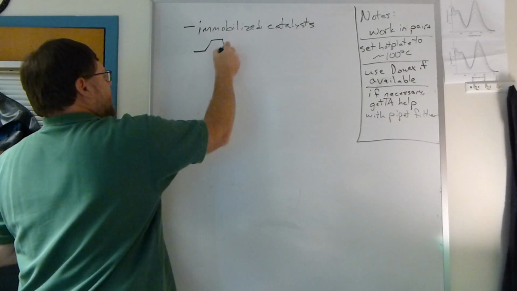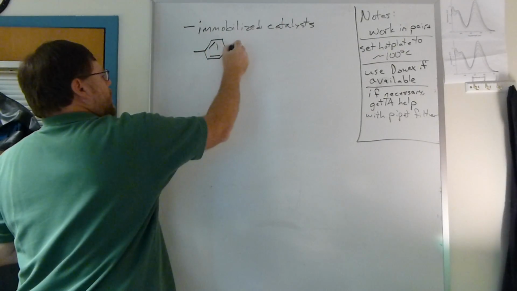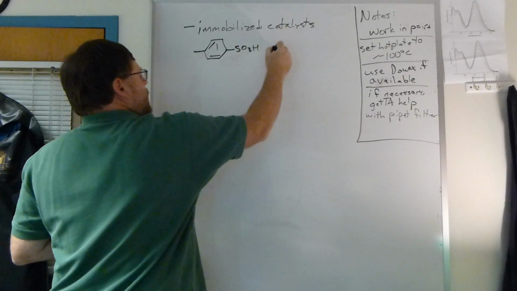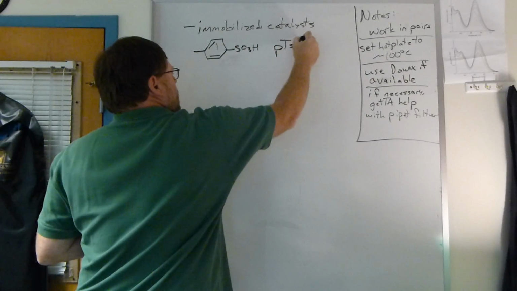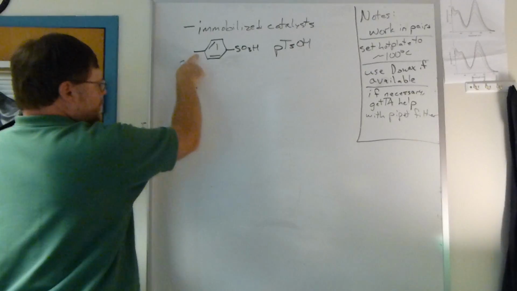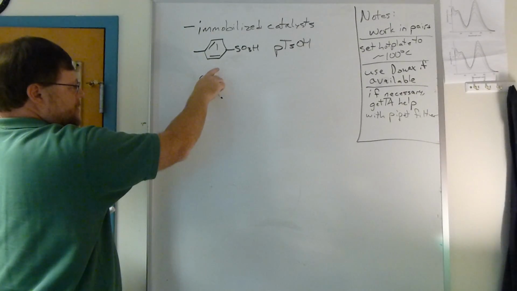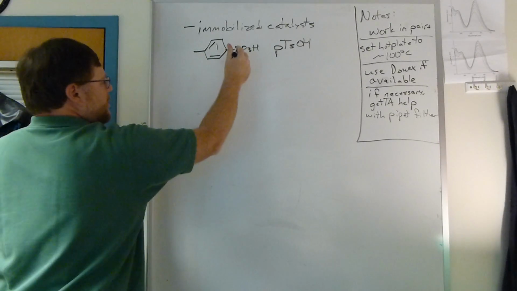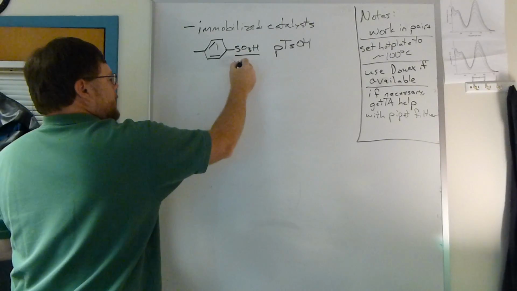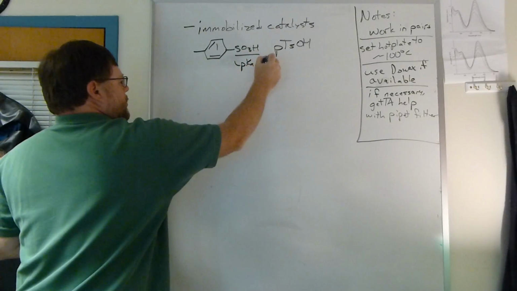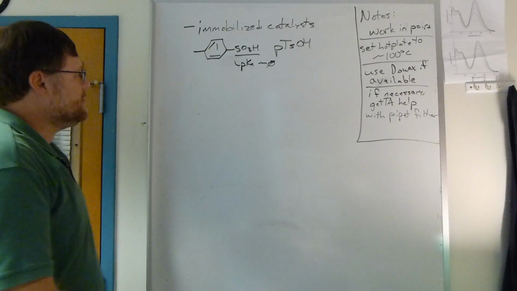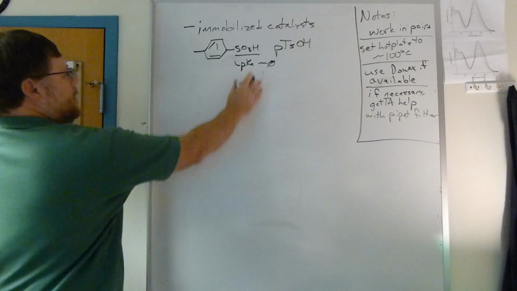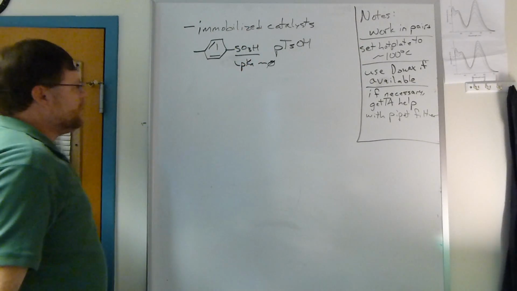Okay, so this is the acid I was talking about. Para-toluene sulfonic acid. Sulfonic acid is SO3H. pKa is round about 0, maybe a little less. Toluene is just a benzene with a methyl on it.